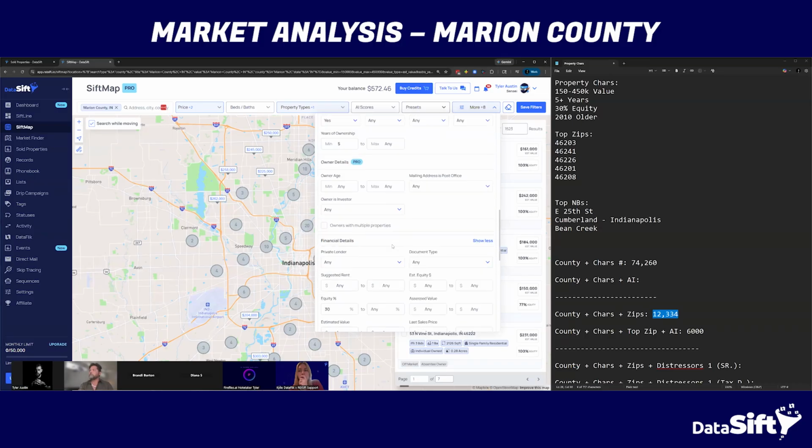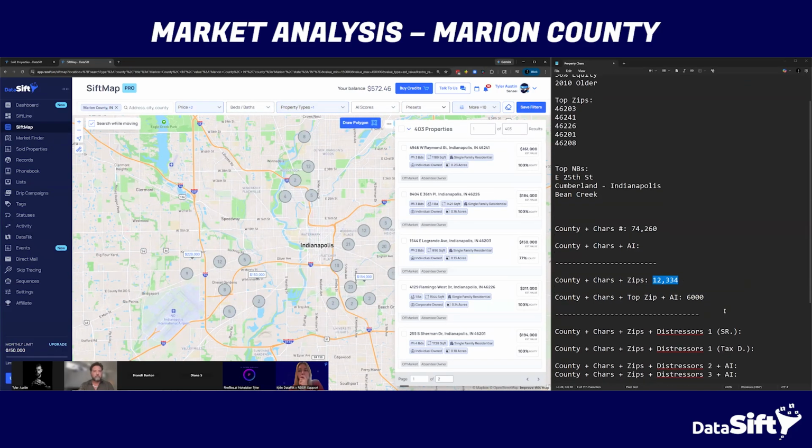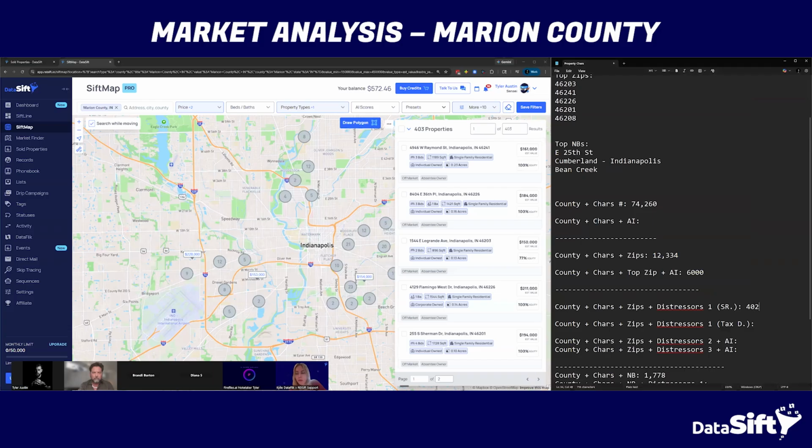Okay, so we add those in here. And we're going to click apply now, and that's just within those top zip codes. That's only 403 people that are senior owners within my top zip codes.